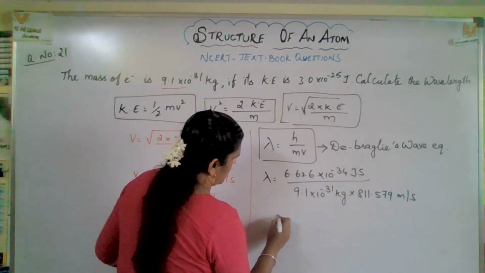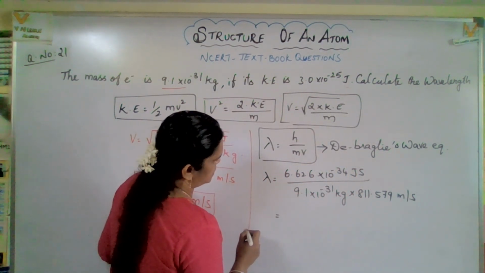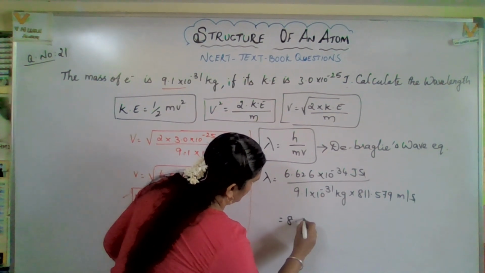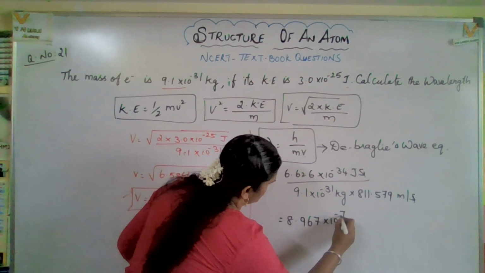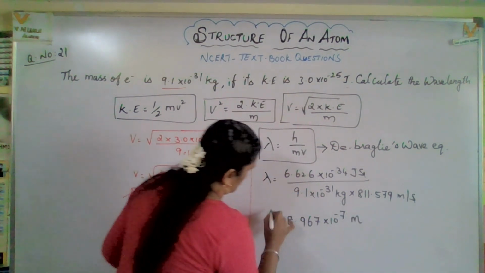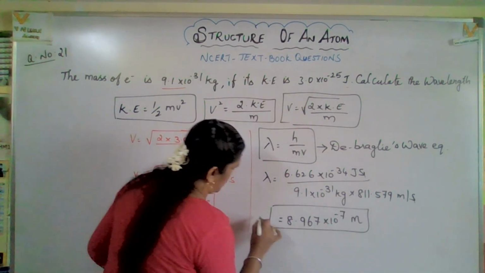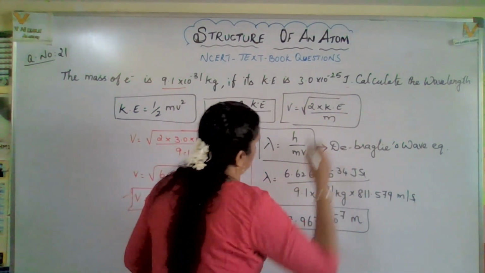So what is the answer? You will get 8.967 into 10 to the power of minus 7 meter. So this is the answer you are receiving for lambda, the wavelength.